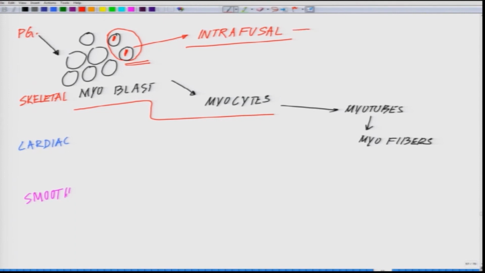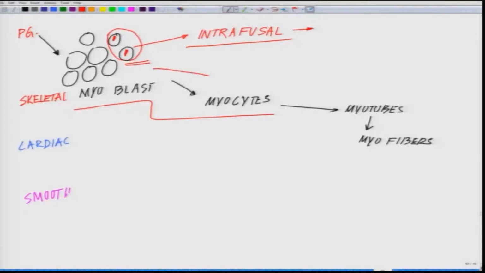There are a few works. I'll give you some reference material you can go through if you are interested, on what becomes intrafusal. But these intrafusal fibers, as compared to the other bunch, the large number of extrafusal fibers, the fundamental difference is again in the myosin.